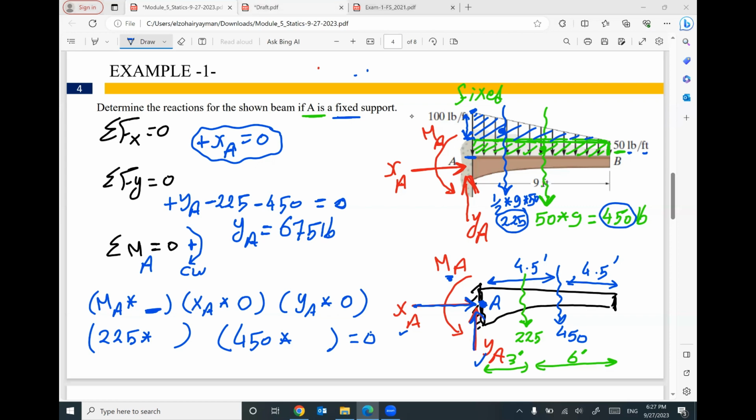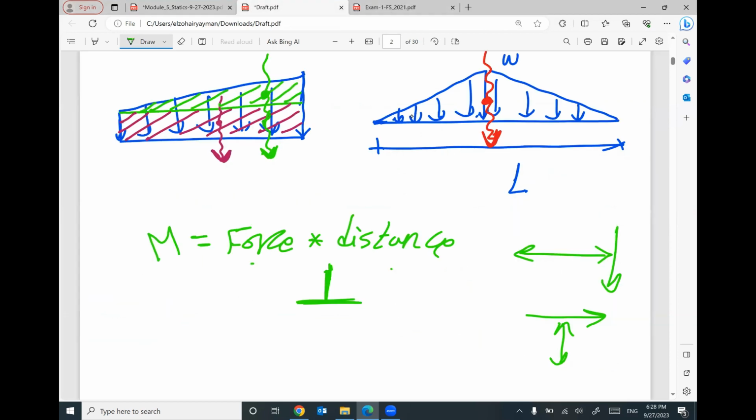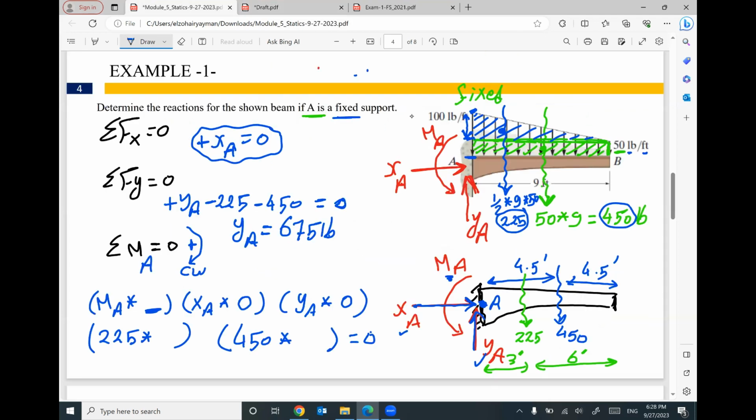Keep in your mind, if you would like to create a moment, you should have force and the distance to create this moment. Since MA is a moment, we don't need distance here. I will take this MA as it is.